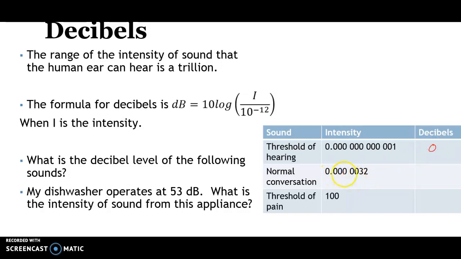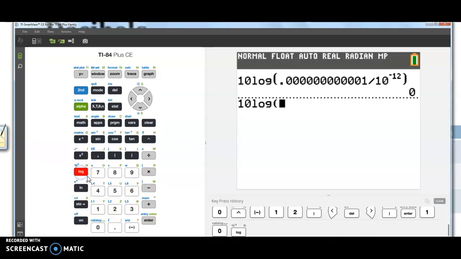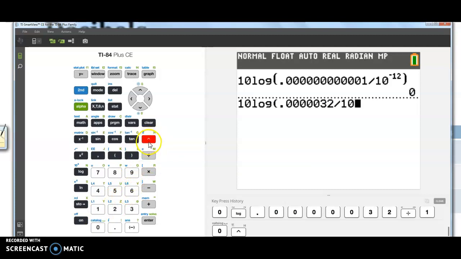So this time we have 5 zeros, and we'll type it in the same formula to find our decibel level. So our formula is 10 log, then we have point, 5 zeros, 3, 2, divided by 10 to the negative 12.